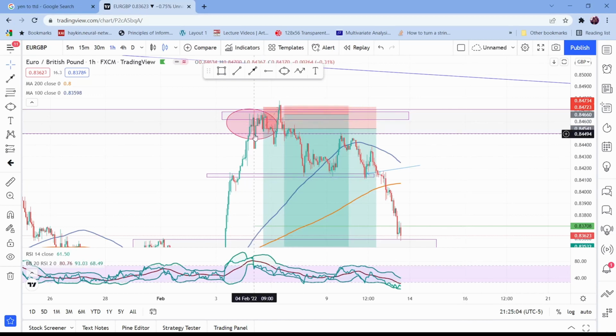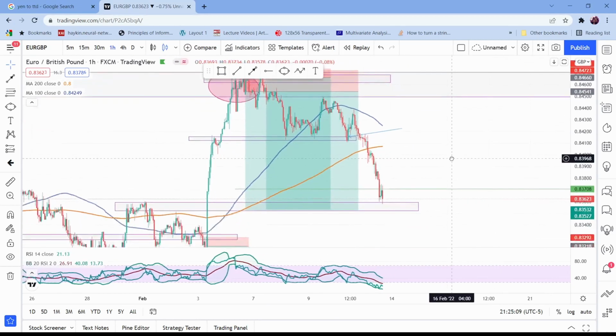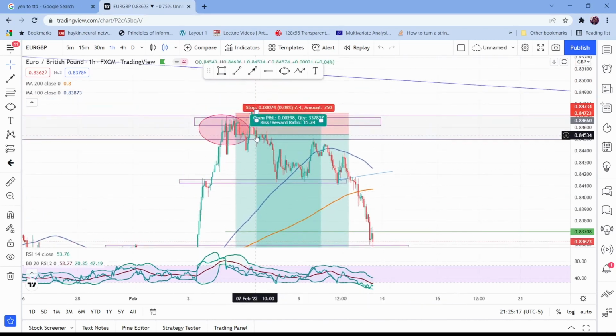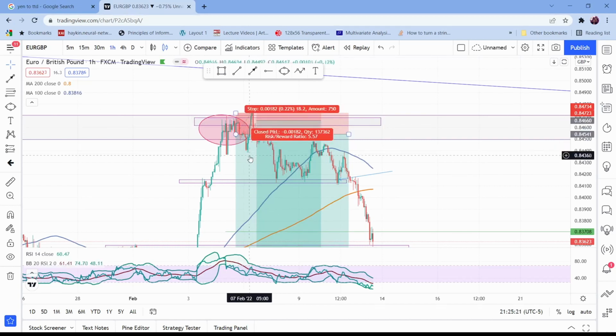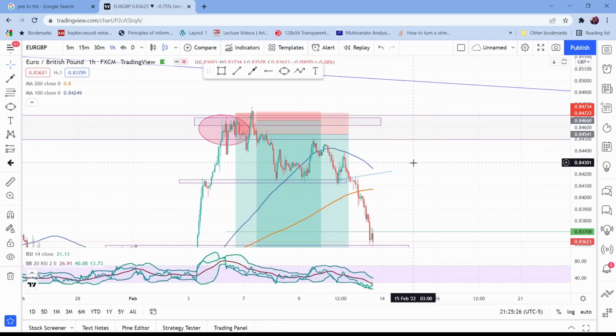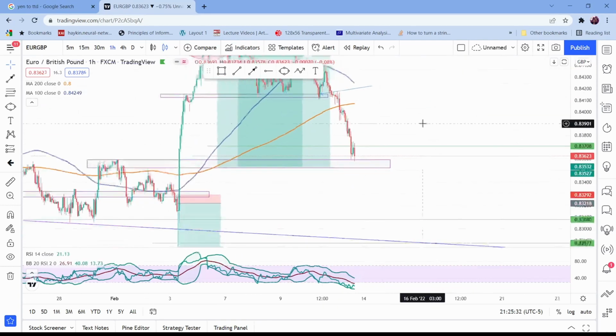So this move was more likely to actually correct itself, whether it happened at that same point of last week or during this week, right? And that is why I felt more comfortable taking this trade at this particular point right here. We had technicals supporting the trade idea, also the fundamentals of this being an overextended, overexaggerated move in favor of the euro, right?